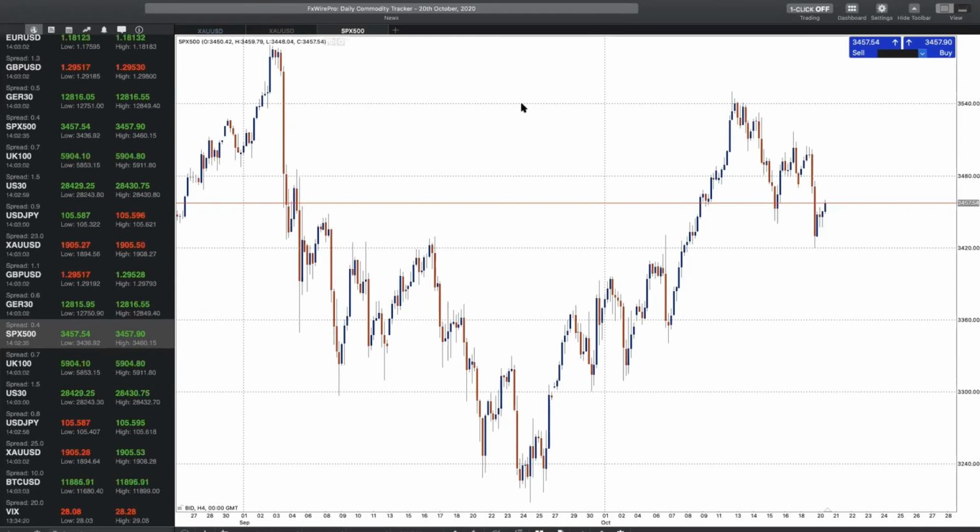Now, the alternative way of taking advantage of the election volatility, or potential volatility, I should say, is to wait until after the outcome of the elections, okay? So in this case, you will likely miss the initial move.